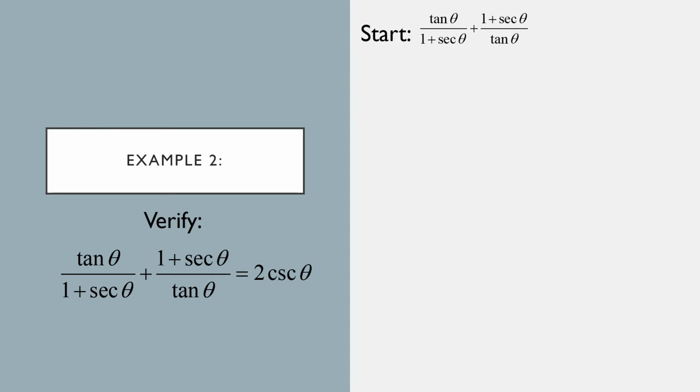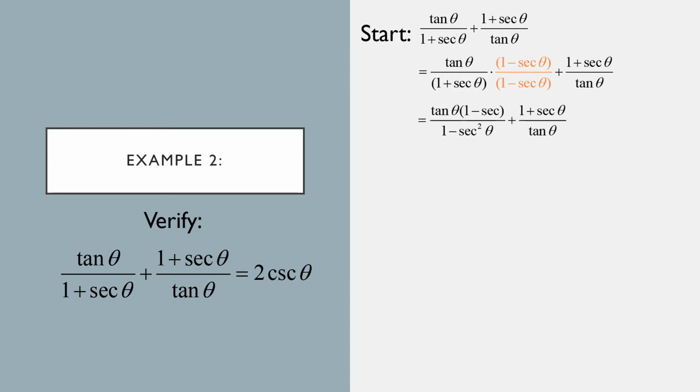We can make it a Pythagorean situation by multiplying the numerator and denominator by the conjugate. When I do that, the denominator becomes 1 minus secant squared of theta, and I will be able to do a Pythagorean substitution. But be careful.